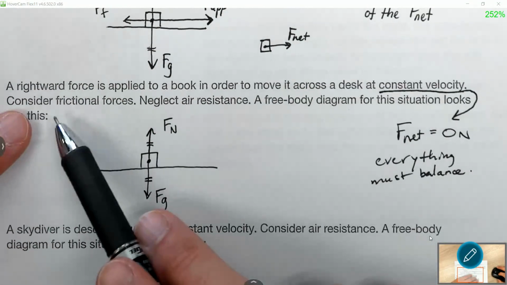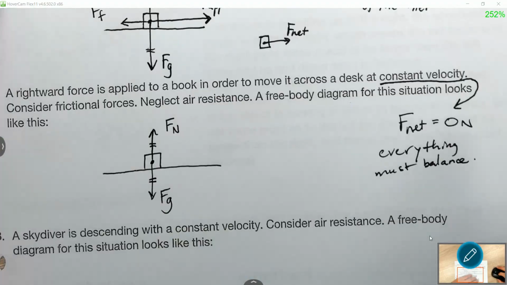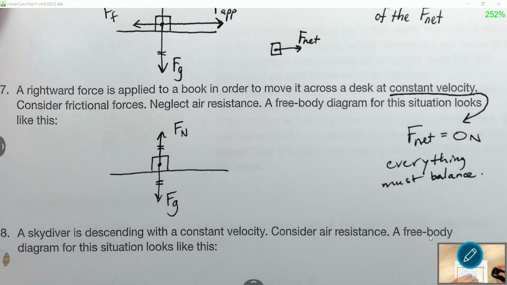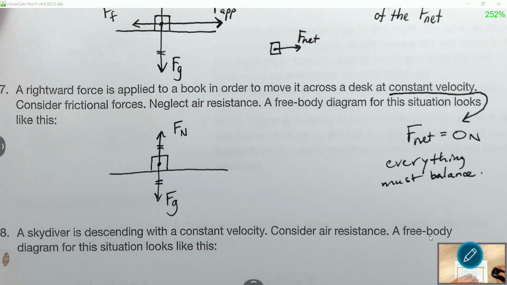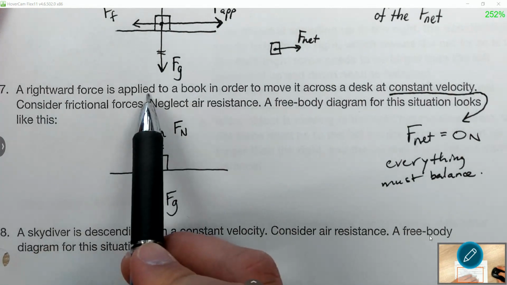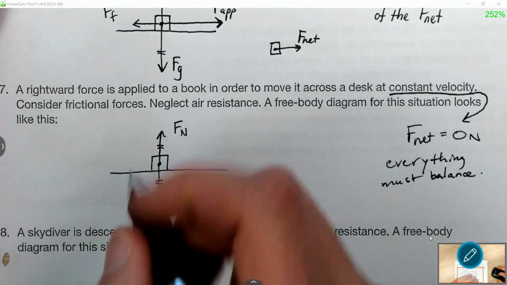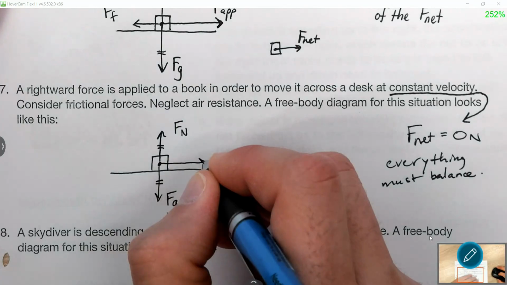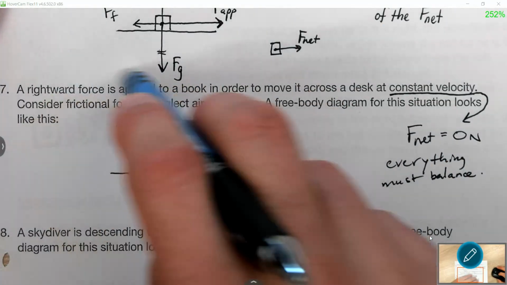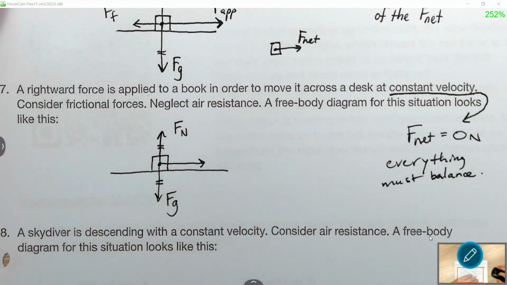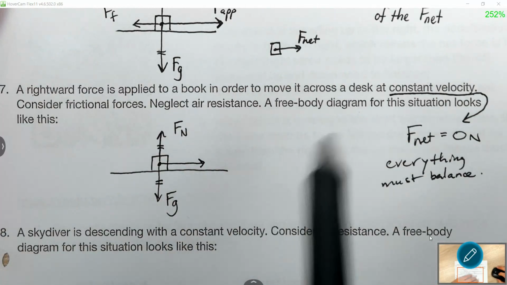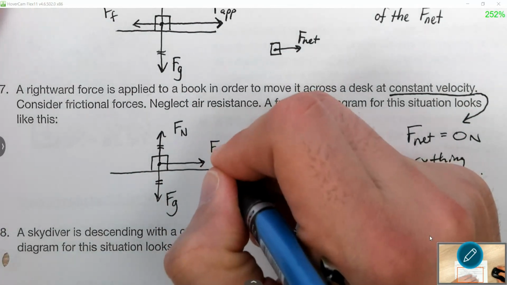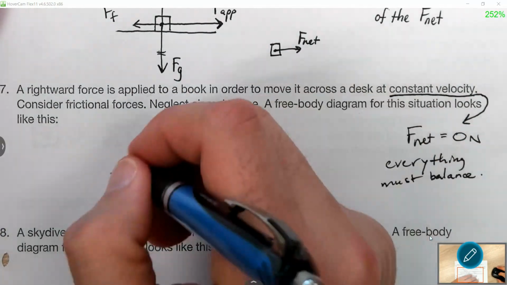It still says consider friction force and ignore air resistance. So our applied force has got to be to the right, in order to move it across the desk to the right at a constant velocity.